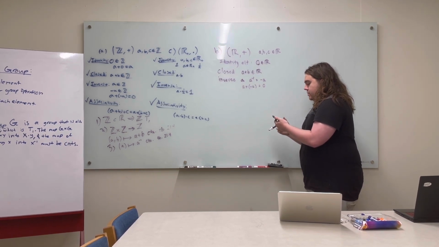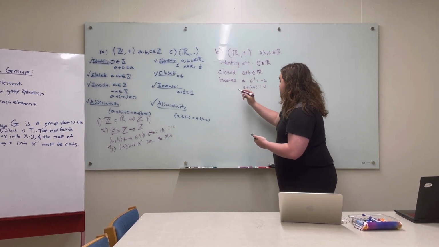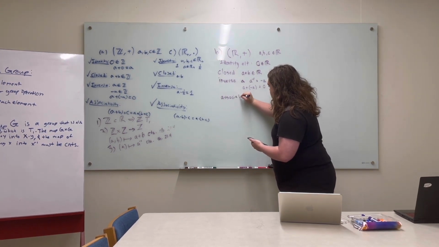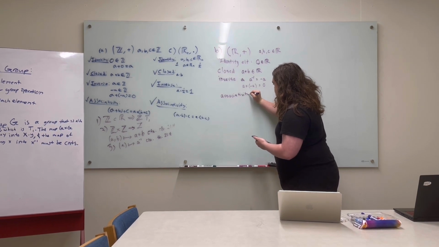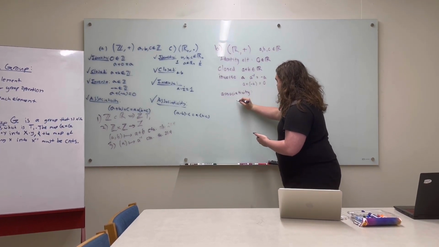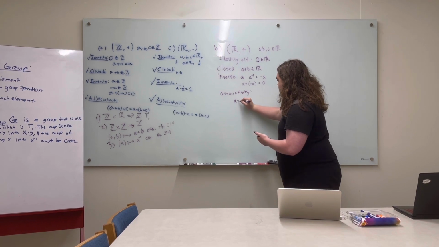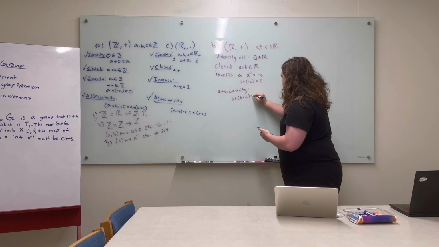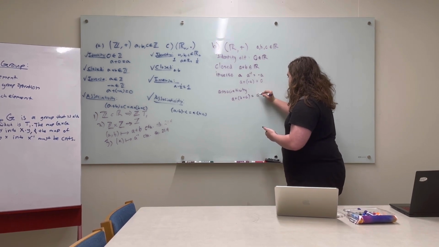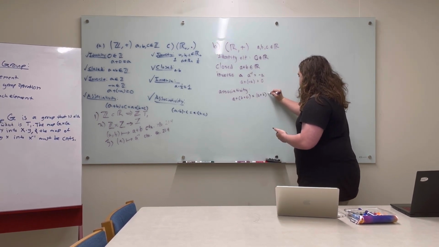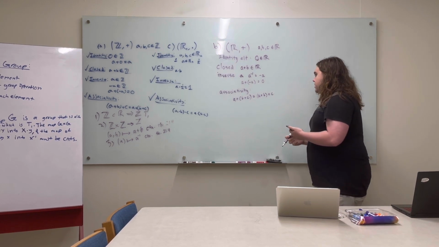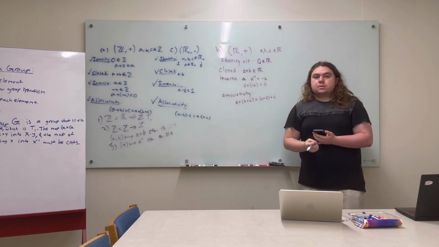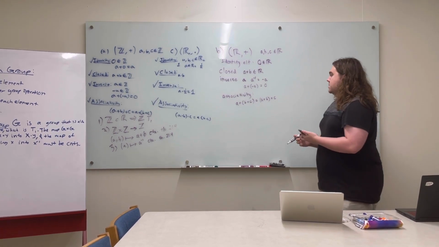And then finally, we need to show associativity. So we have A plus B, plus C, is equal to A plus B plus C. And we know this just because addition with real numbers is associative. That's a pretty elementary fact.